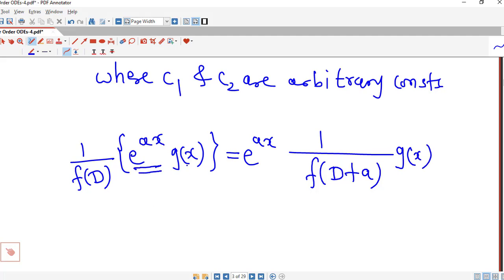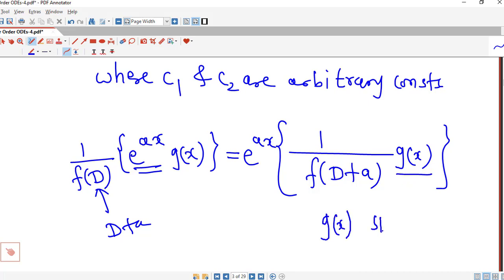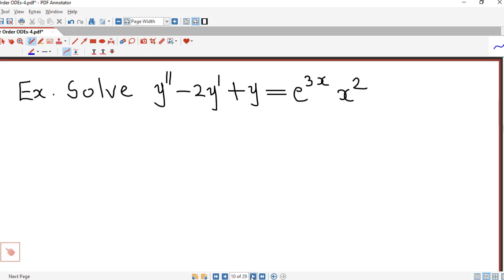We take e raised to x outside and replace d by d plus a in f of d, and here gx is either a sine function, a cosine function, or a polynomial function. We consider one more problem.